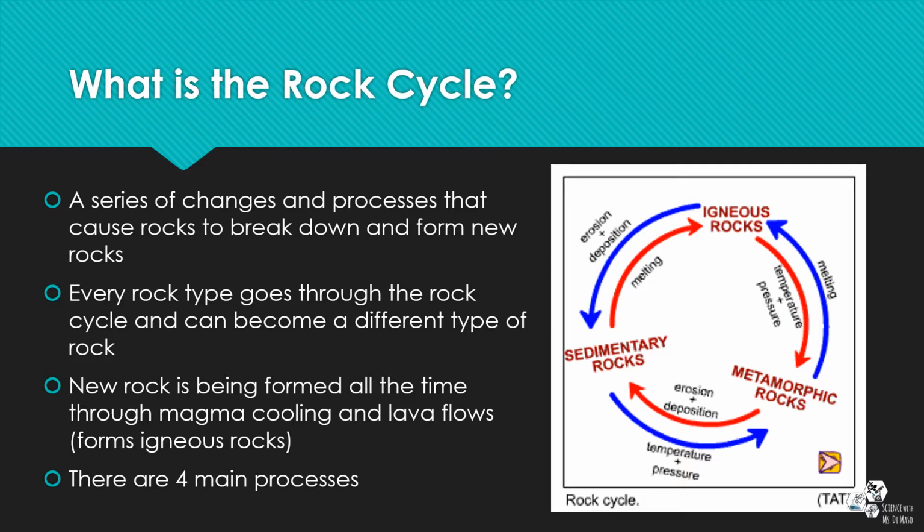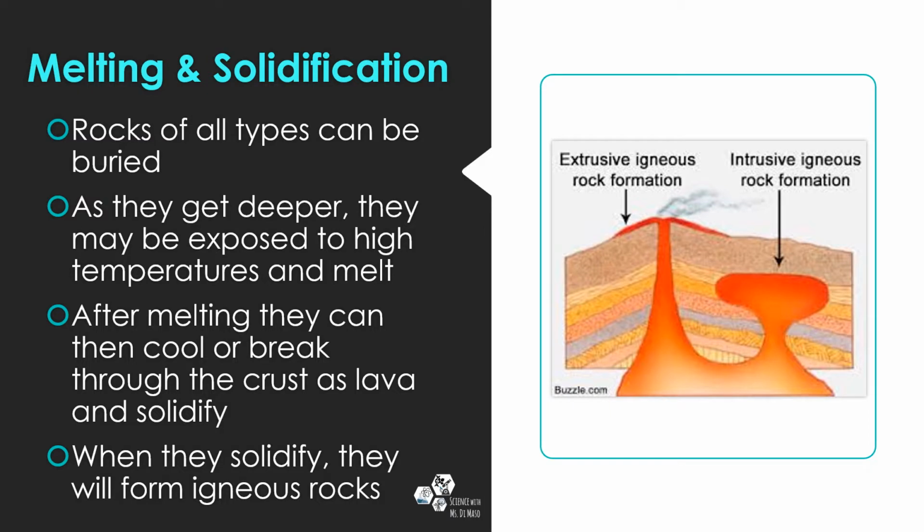So we're going to talk about the four main processes that lead to this whole rock cycle. The first one is melting and solidification. So it's the melting and cooling that I just talked about with those igneous rocks. Basically, all types of rocks can end up being buried over time.